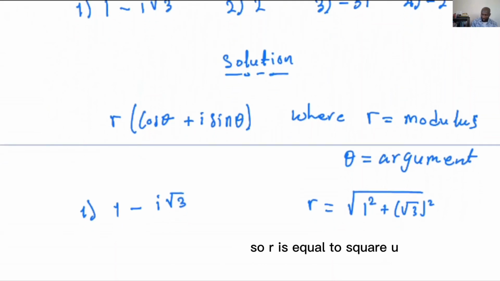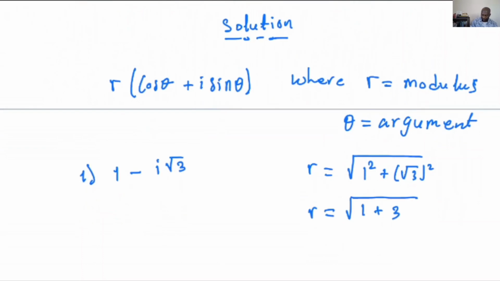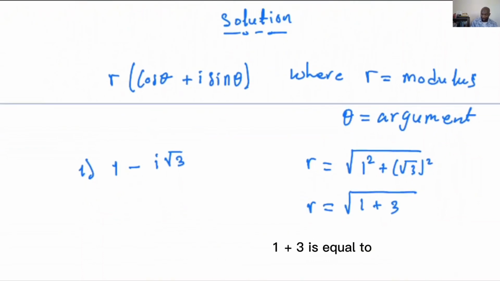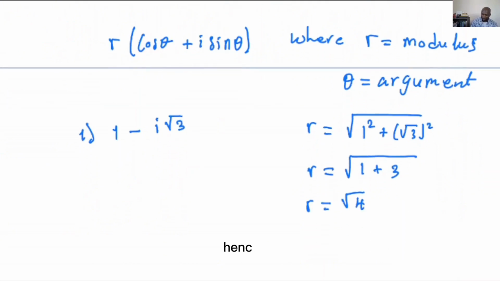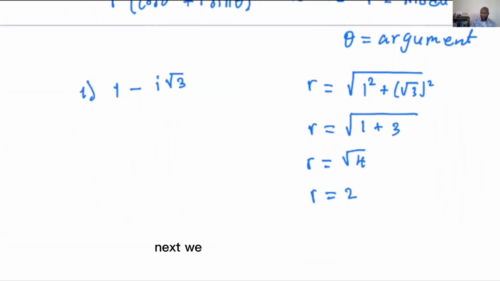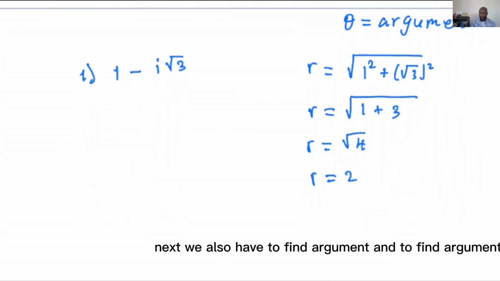So r is equal to the square root of, 1 squared is 1, root 3 squared is 3. 1 plus 3 is equal to 4. So r is equal to square root of 4. Hence, the modulus is equal to 2. That is the modulus. Next, we also have to find the argument.